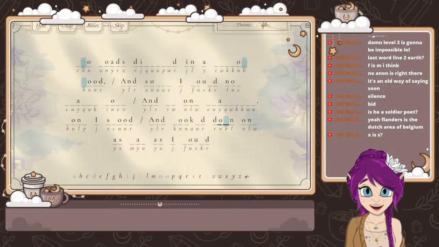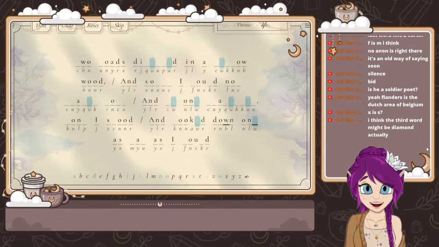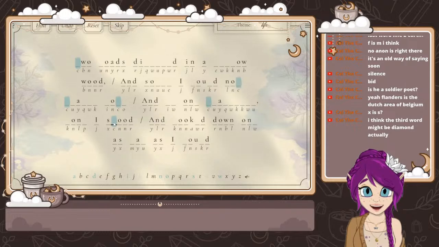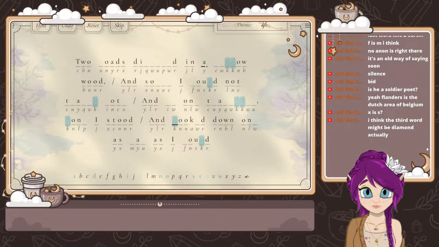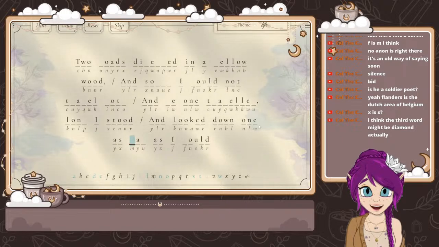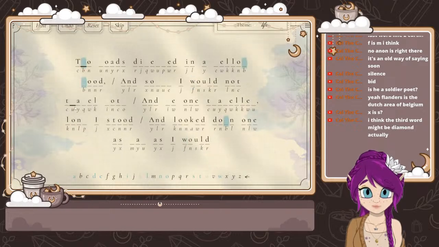This one, if you do O, we could do down. Wood, down. Stood. Two something. Looked down one. And looked down one as something as I would not.